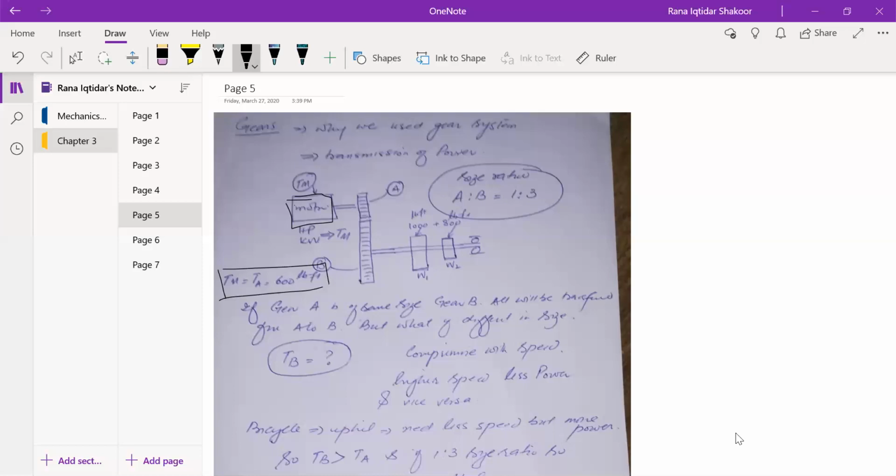There you need lesser torque, but you need higher speed. So a gear is a component which transmits torque from one body to another body, in this particular case from the motor, and then increases or decreases the torque accordingly, and accordingly you have to compromise on the RPMs of that particular machine, right?